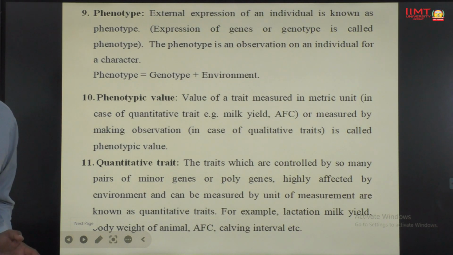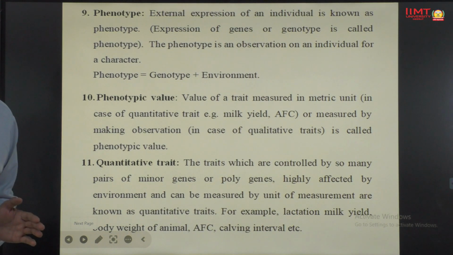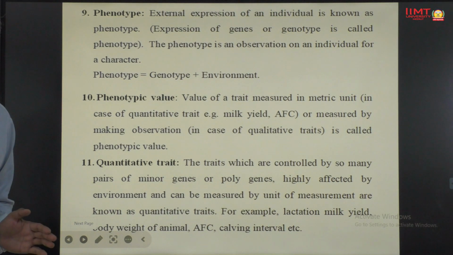The traits which are controlled by so many pairs of gene or minor genes, affected by or highly affected by environment, and can be measured by unit of measurement such as milk yield, age at first calving interval, lactation length, etc. is known as quantitative traits.